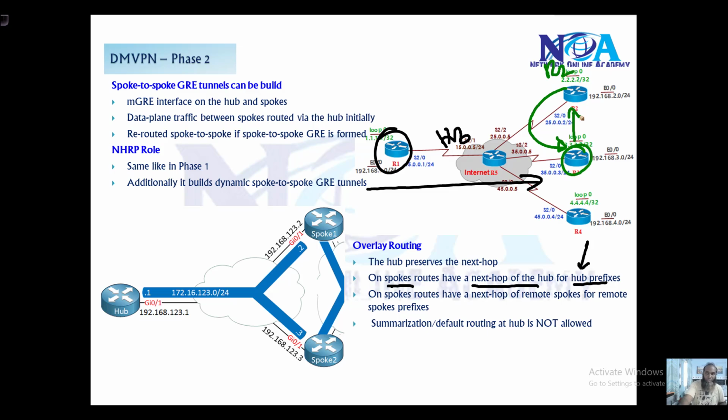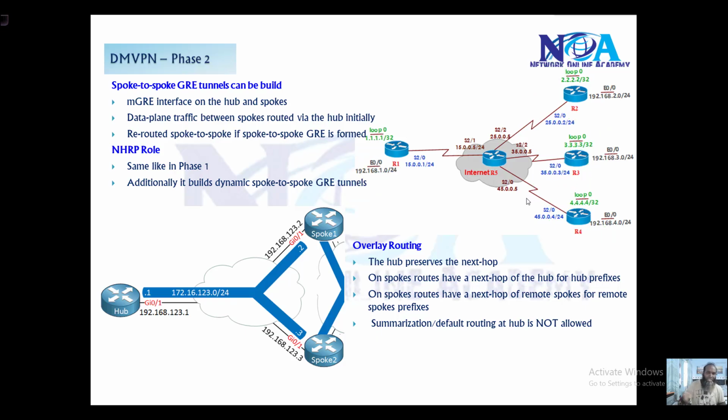Which means all the routes coming from router 2 will have a next hop of router 2, all the routes coming from router 1 will have a next hop of router 1, and all the routes coming from router 4 will have a next hop of router 4. Because we have a tunnel established, and the route exchange happens directly between spoke to spoke. But at the end, initially the route exchange and the tunnel establishment should take place via the hub. So that's what I said, the initial traffic flow will go through the hub, later on it will fall back to spoke to spoke directly.